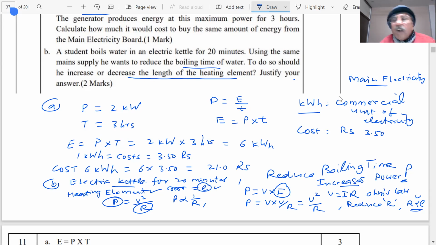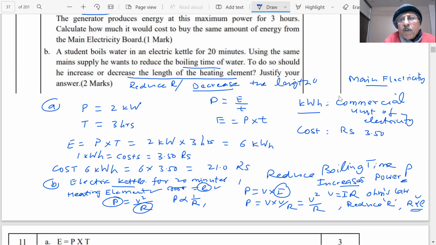Resistance will become less, power will become more. So what we have to say, student, is reduce R, which means decrease the length of the heating element. We have to decrease the length of the heating element.